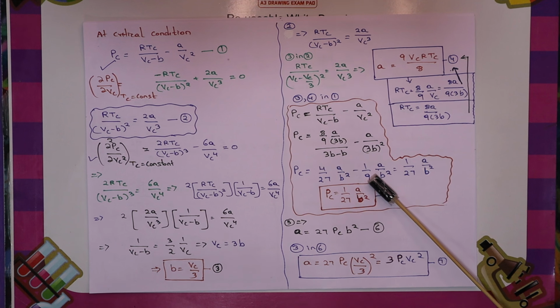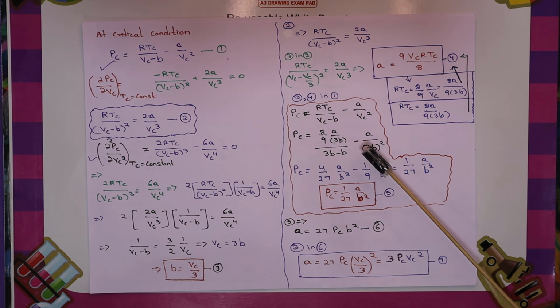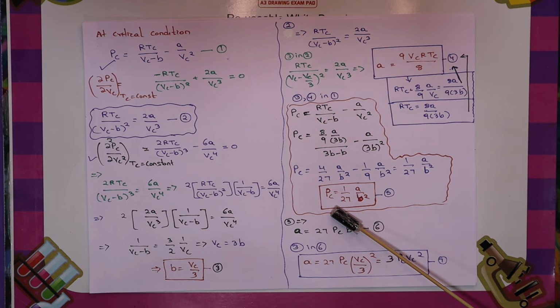You find b equal to Vc by 3, one piece of information; Pc equal to 1 by 27 into a by b square, second information; and using these you get a equal to 3 Pc into Vc square.